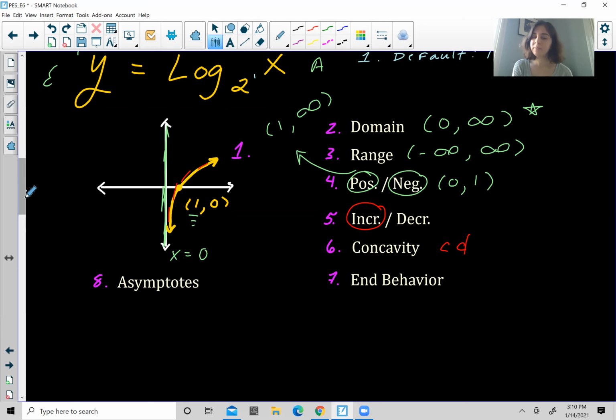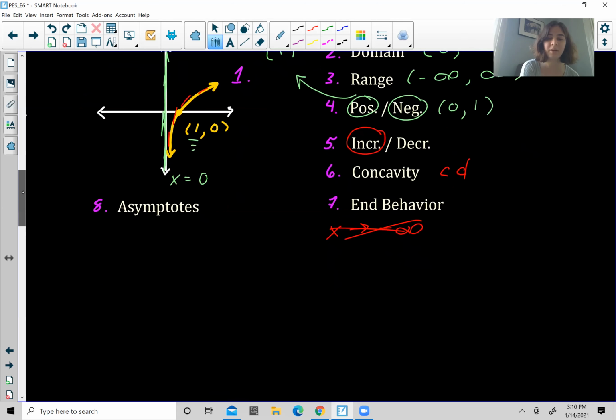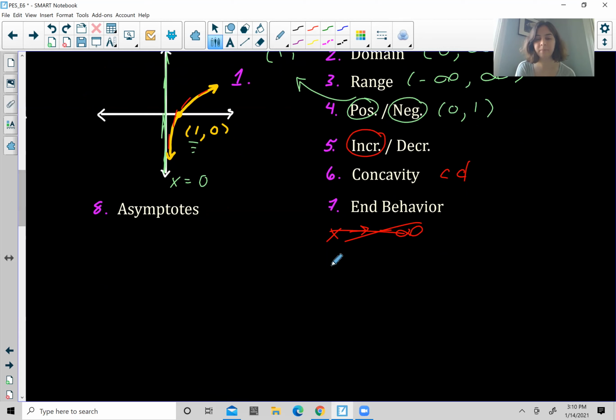And then for number 7, end behavior, this is a little bit tricky because, again, we don't want to do x goes to negative infinity. That doesn't exist for logs. So instead, here's how you would write it in limits, if this makes any sense at all. So if we have x approaching 0, and then if we want to say either from the right side or the left side, we do a positive or negative sign. So in this case, it's from the right side.